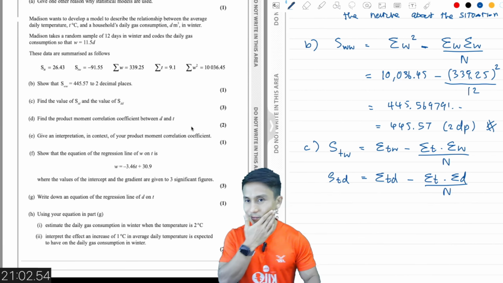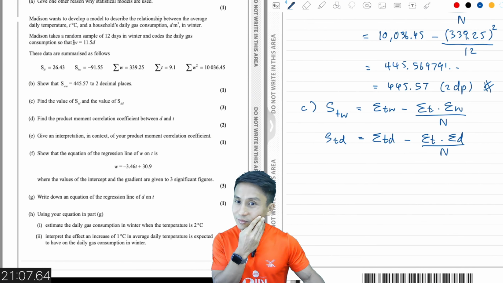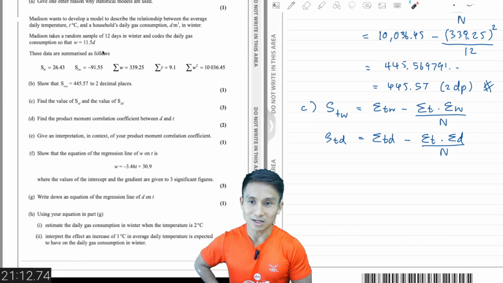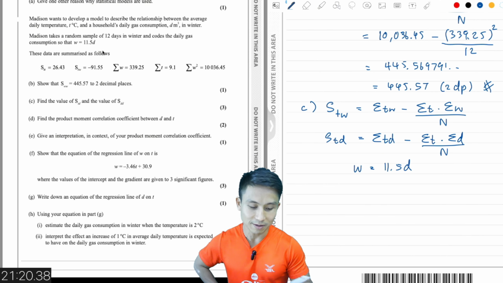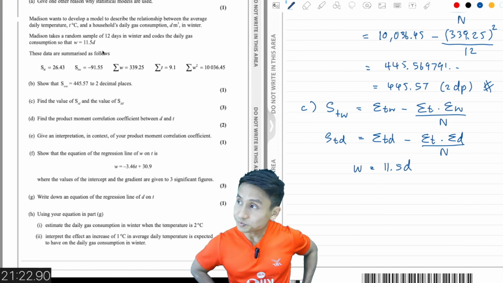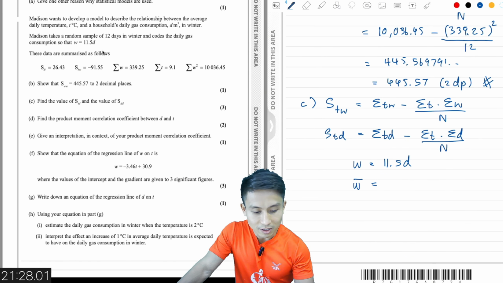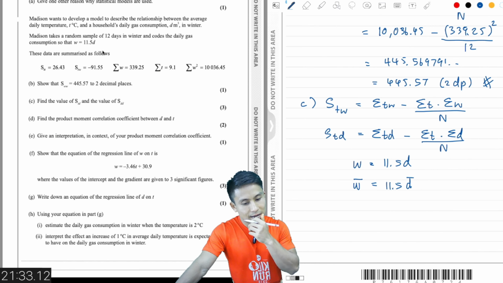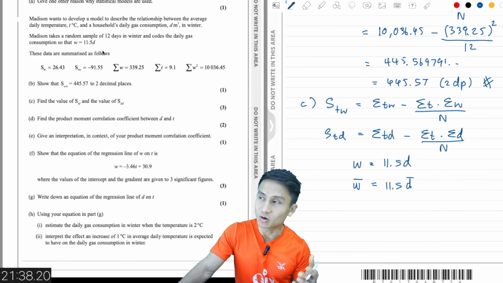Now, how do we use the coding equation here? Because we have the relation between W and D, right? We already know what this is, it's given to be minus 91.55. But to change from W to D, W equals 11.5 D. Well, that means if we have W bar, it's going to be 11.5 D bar as well. Just coding there. Now, if W bar is 11.5 D bar, that means the sum will also multiply.